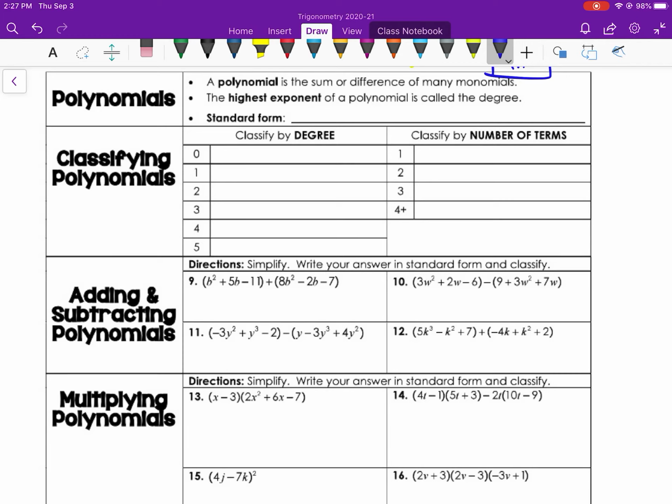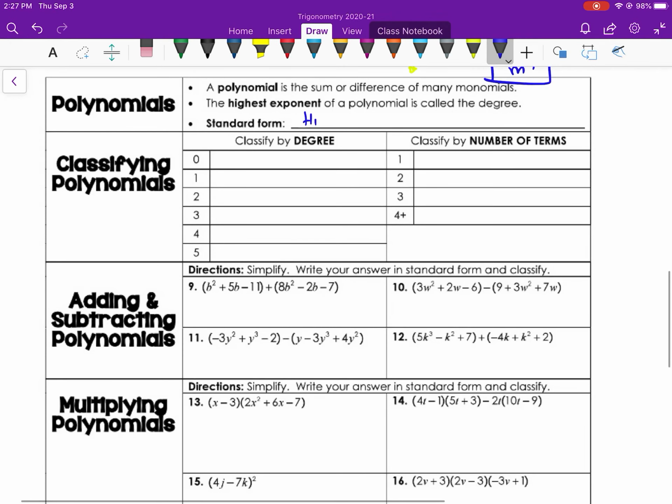And then standard form. When you write the standard form of any polynomial, you have to write it from highest exponent to lowest. For example, it's like x cubed, x squared, x, and 1.